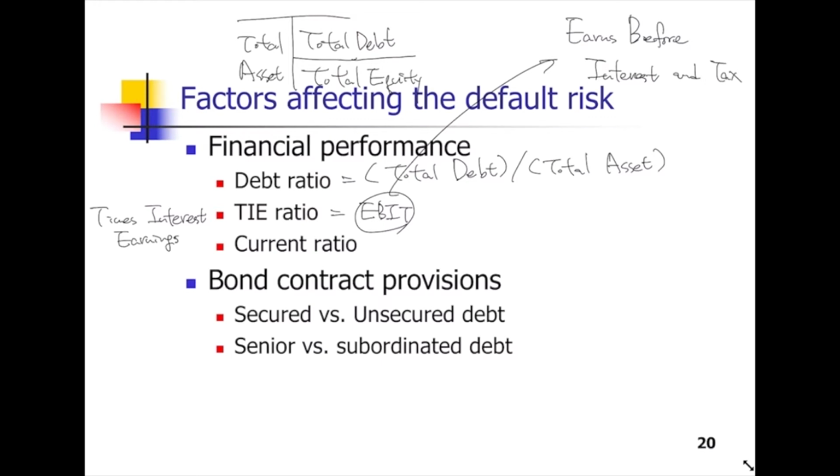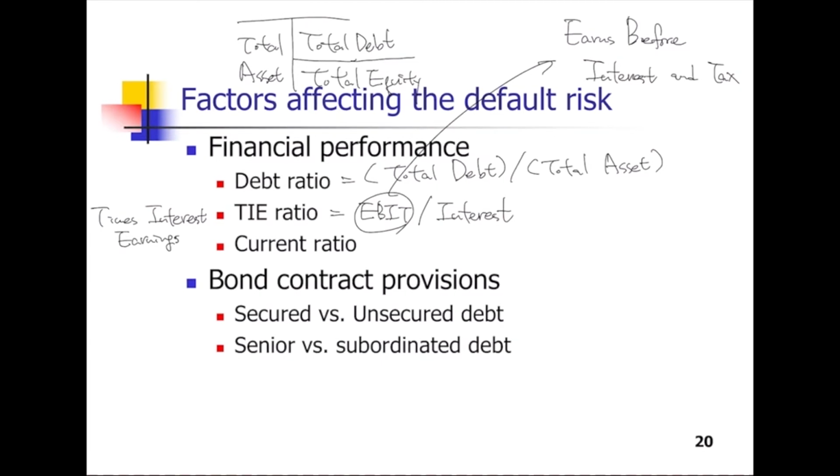So it means how much pre-tax earnings the firm generates. So the TIE ratio can be calculated as EBIT over interest. In this case, a low TIE ratio means the company did not earn enough cash for the interest, right?